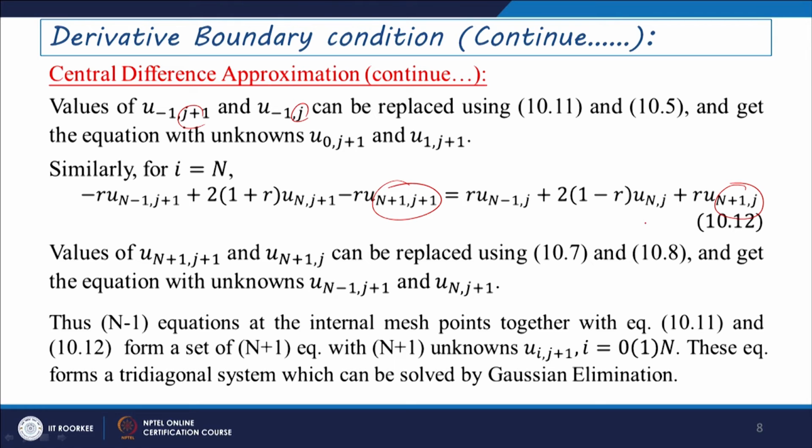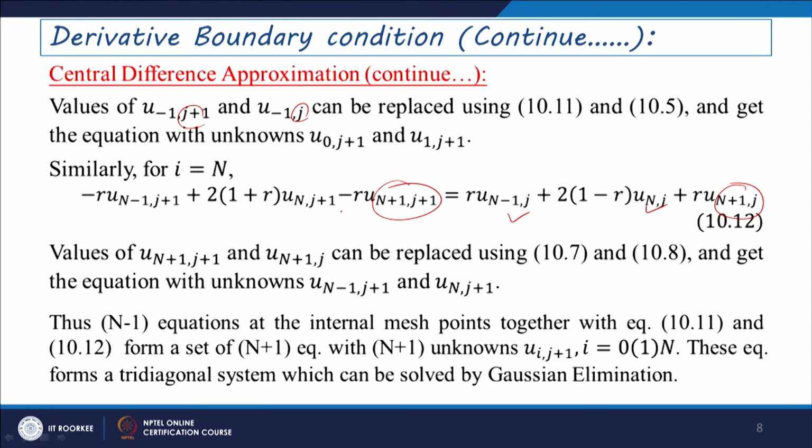So these boundary conditions can be replaced in terms of u_n^j and u_(n-1)^j by considering the earlier definition of boundaries, and we can get the equations with unknowns u_(n-1)^(j+1) and u_n^(j+1).